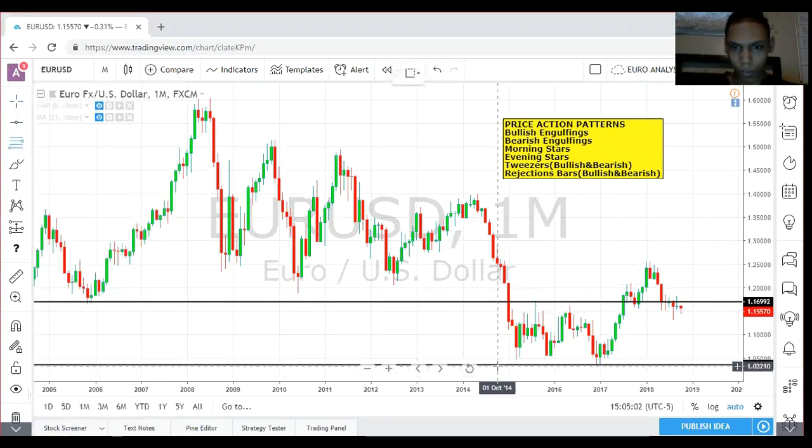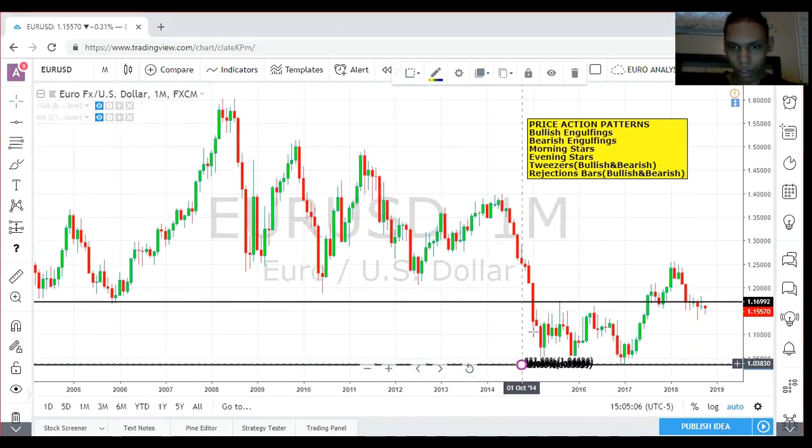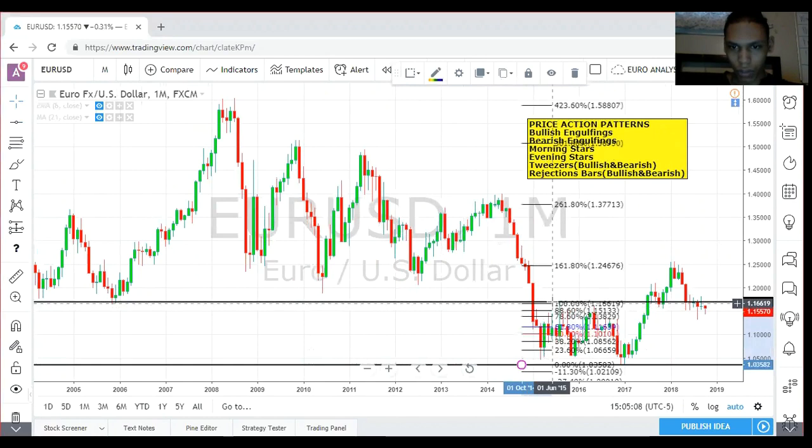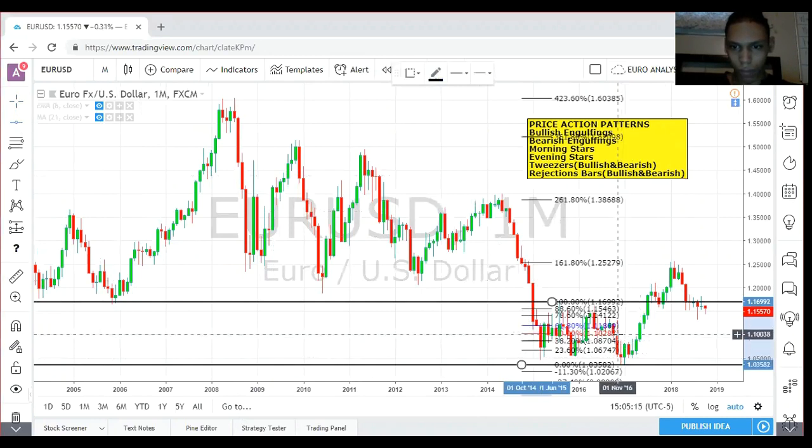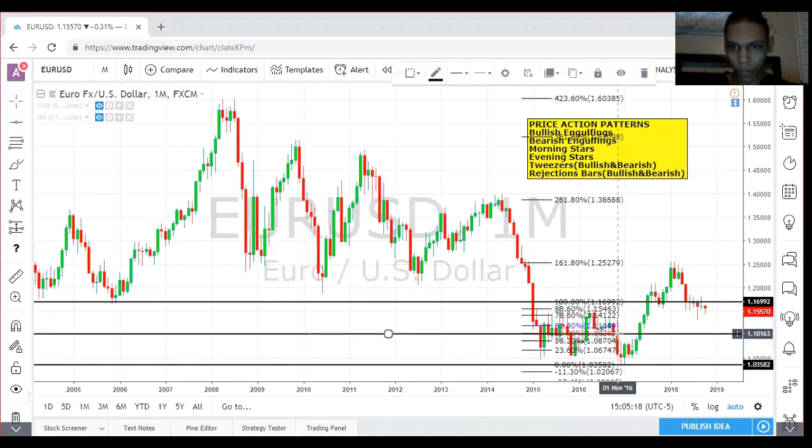Then to find a median point, I'm just gonna draw my Fibonacci from top to bottom, and then find the middle point, which is always the 50% of that zone.